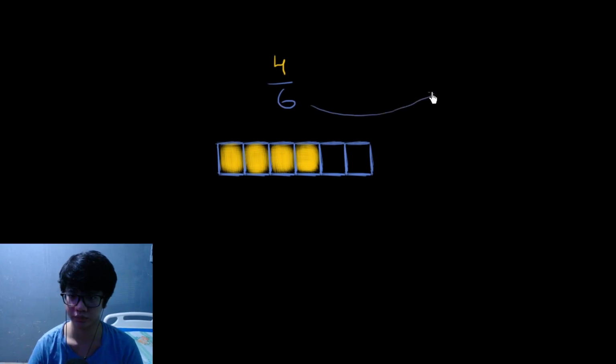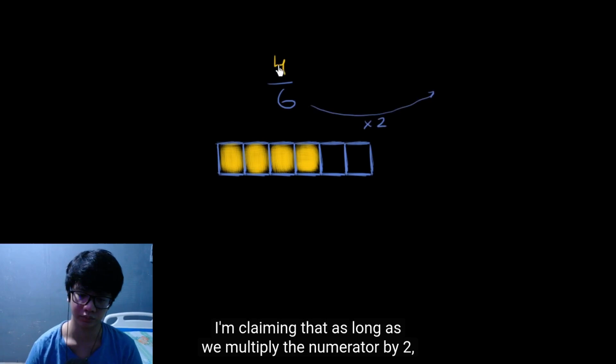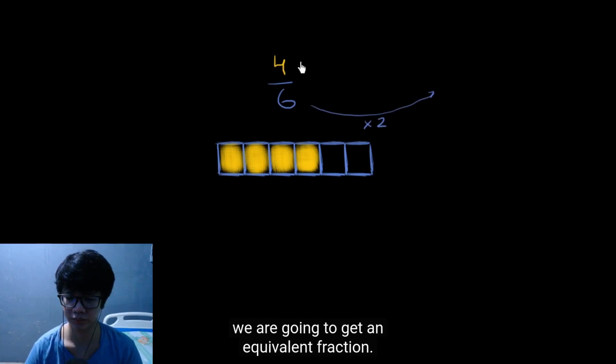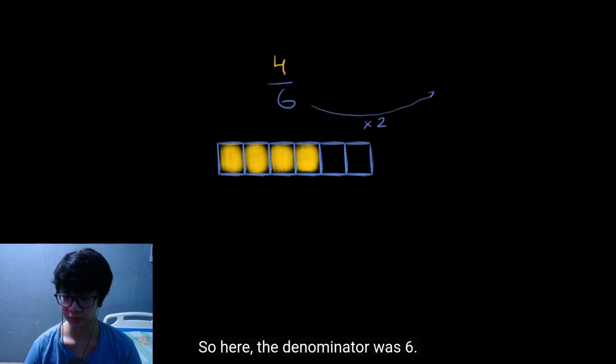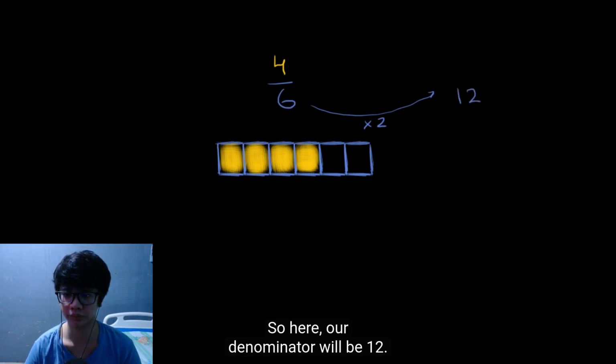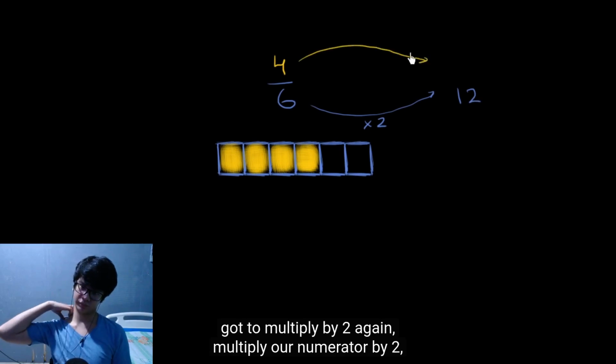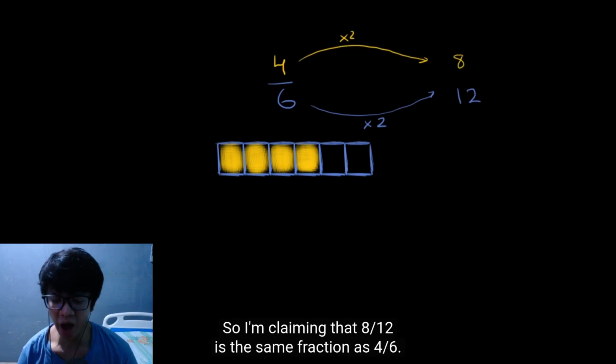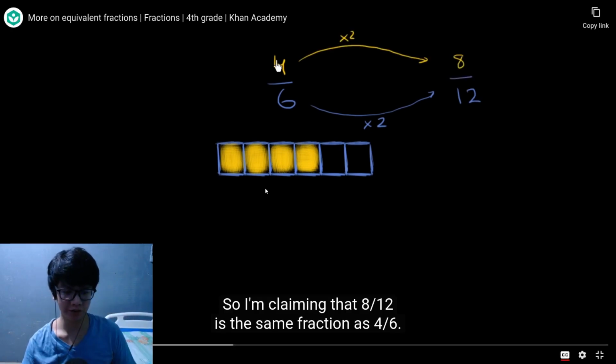I'm claiming that as long as we multiply the numerator by 2, we're going to get an equivalent fraction. So here, the denominator was 6, so here our denominator will be 12. If our numerator here is 4, well, we've got to multiply by 2 again. Multiply our numerator by 2 to get 8. So I'm claiming that 8/12 is the same fraction as 4/6.